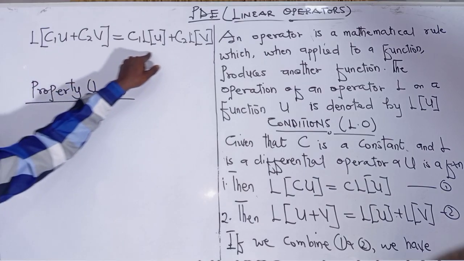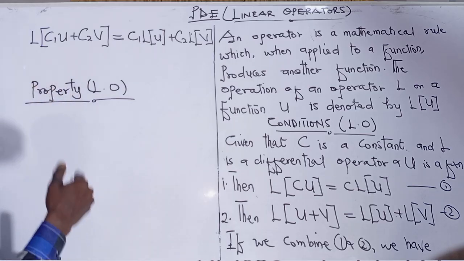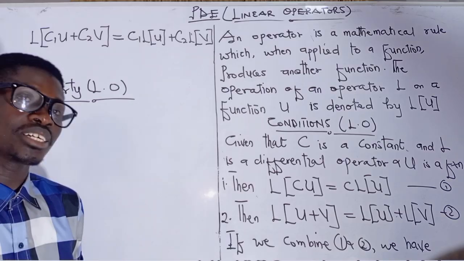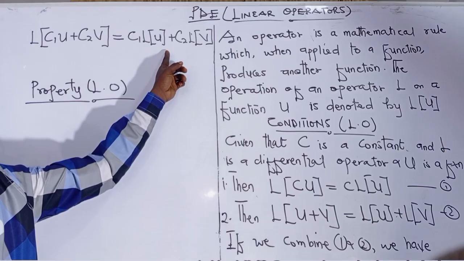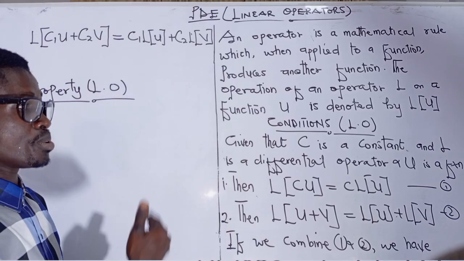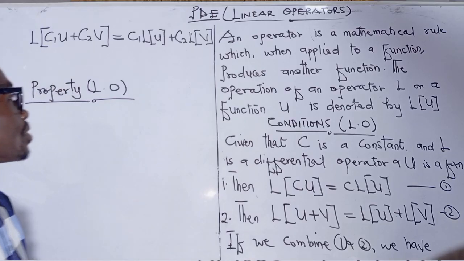When this is equal to that, we can say that the operator L is a linear operator. So for an operator to be linear, it must satisfy these two conditions together. Very, very easy and simple. We will be looking at more examples in our next lesson, on how to verify.